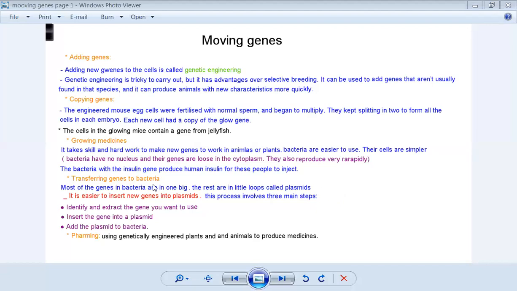Since the bacteria have no nucleus around their genes, they can insert the human insulin gene inside the cell. So the bacteria with the insulin gene produce human insulin for these people to inject themselves. I'm going to show you a video of how they do this exactly and how they can extract this insulin from it, okay?